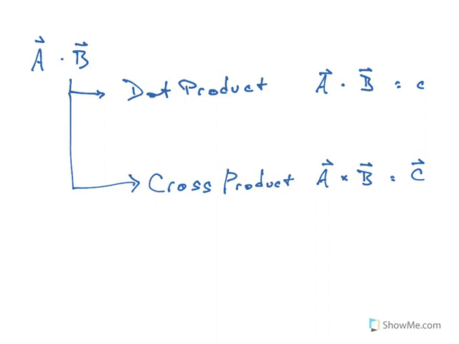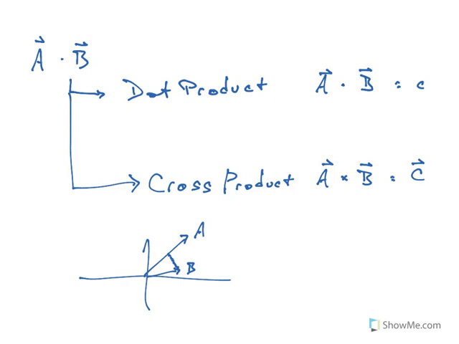A dot B, a dot product, is kind of like asking how much of B is in the direction of A. So if you have two vectors, here's one and here's two, A and B, and you want to know, okay, what is the component of B that's in the A direction? How much of B is in A's direction.